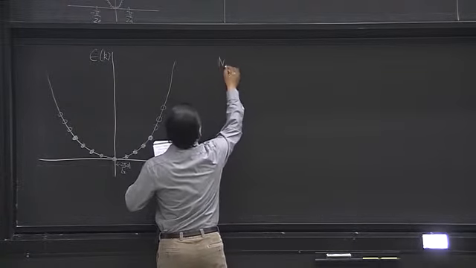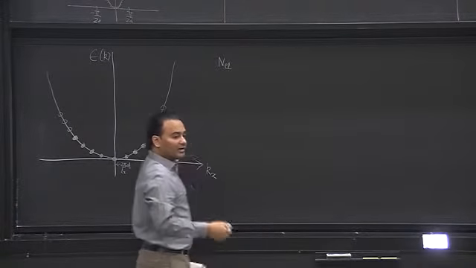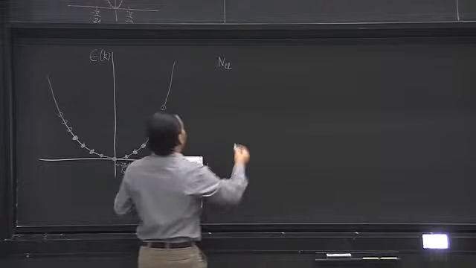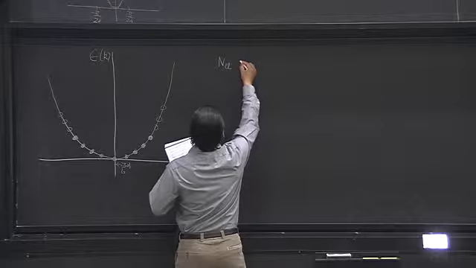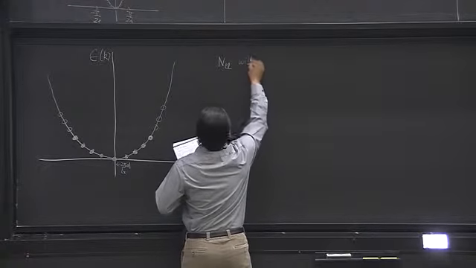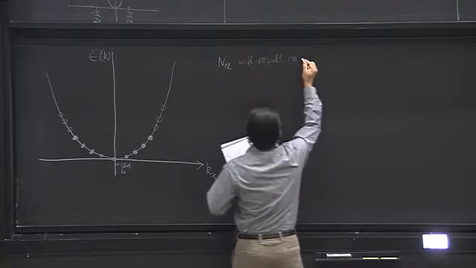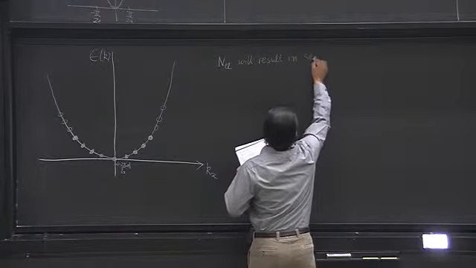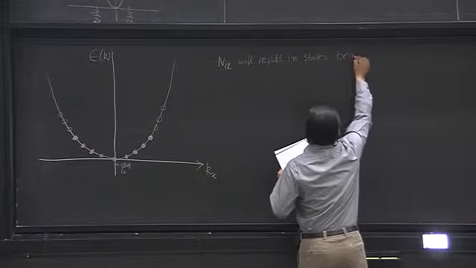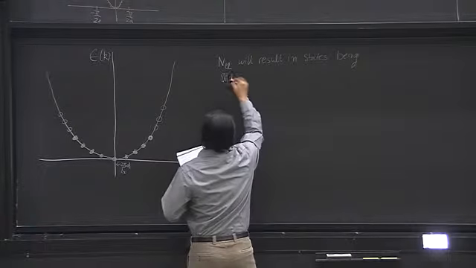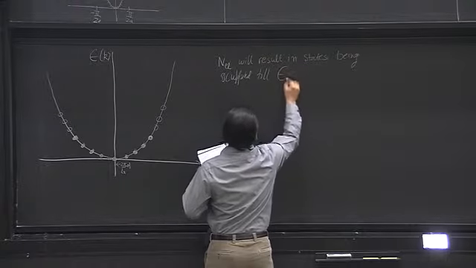The number of electrons n, depending on what this number is, results in states being occupied till the Fermi energy EF.